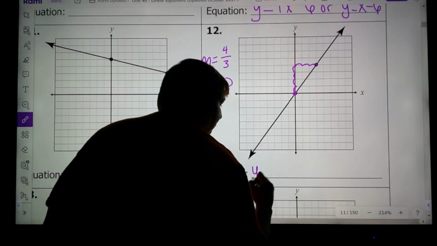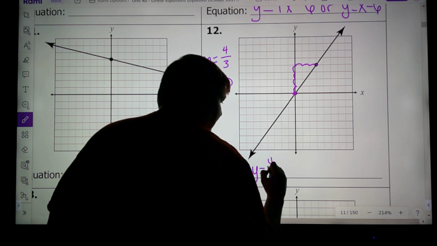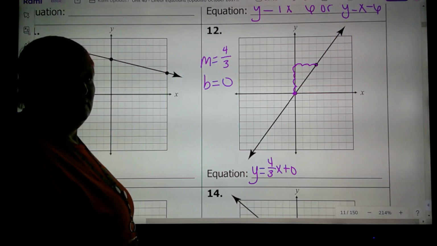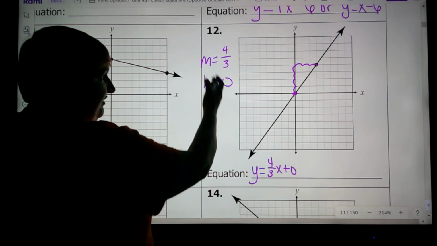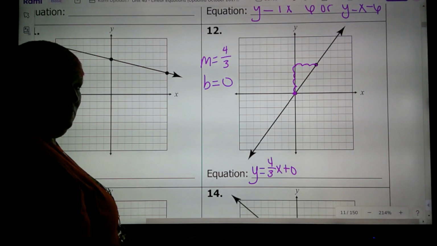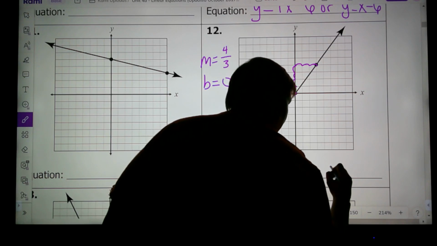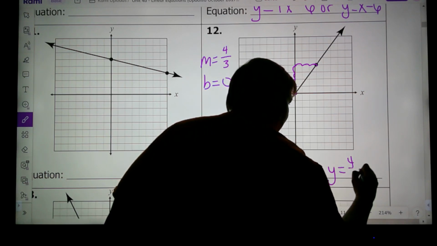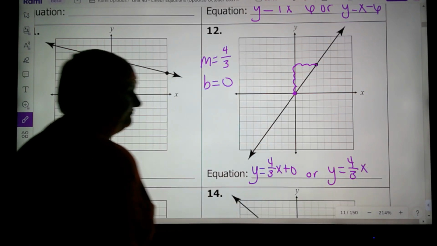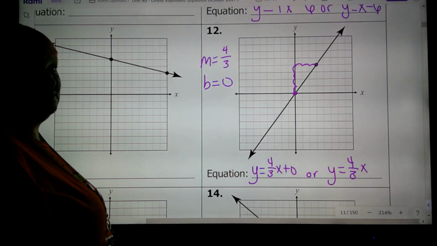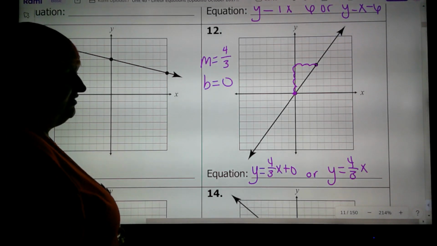You could put y equals 4/3x plus 0, which is what the information tells us. Or because adding 0 changes nothing, you could put y equals 4/3x. You don't have to put the plus 0. Again, it's invisible. Either of those is right.